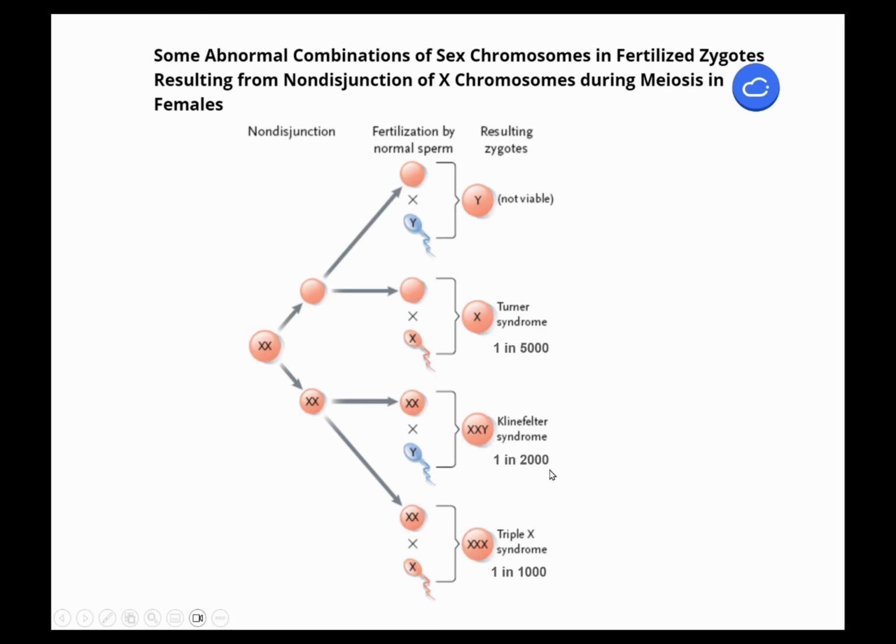It says 1 in 2,000. I think this is older data. From my recent reading, it's 1 in 650 men that are XXY. Many, many, many men go through life and they don't even know that they're XXY. So it just depends on your physical characteristics, your physiological characteristics, like what's happening inside your body.